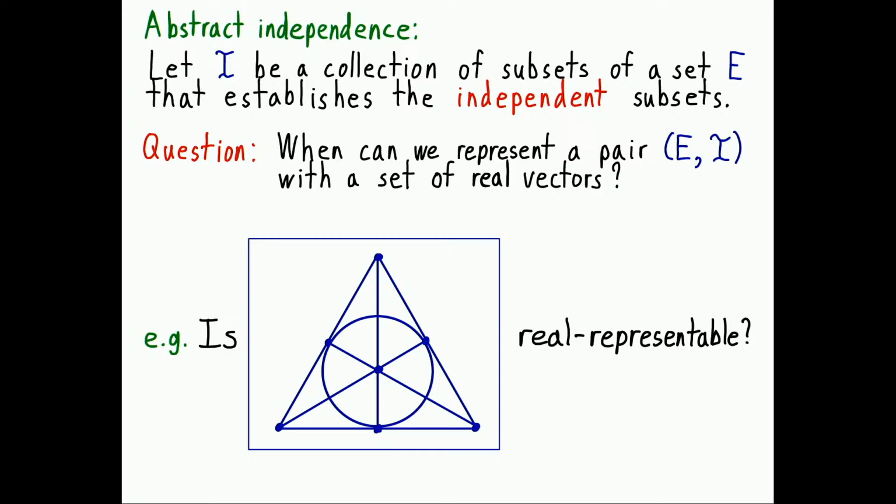So can we answer this? And in general, if we're given some collection of a ground set and independent subsets, can we characterize when it has a real representation?